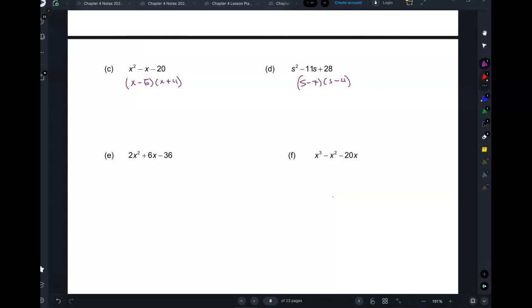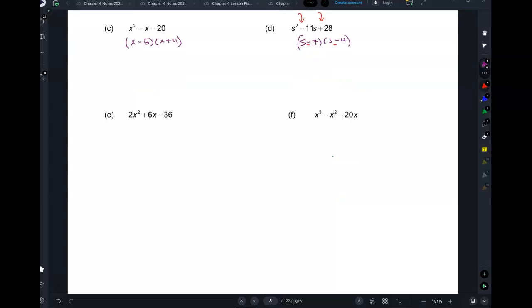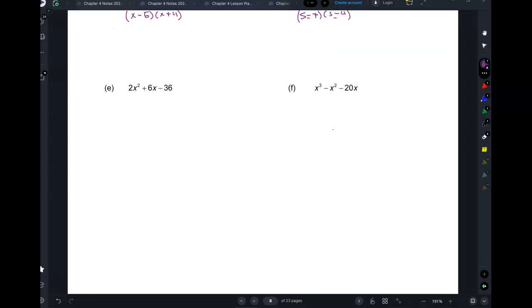Okay, so a little tip and trick for you, right? If you have a minus and then a plus, in the parentheses, you're always going to have minus, minus. Okay? All right. So here, can we factor out a GCF first? Yeah, a 2. So I get x squared plus 3x minus 18. So the 2 stays.